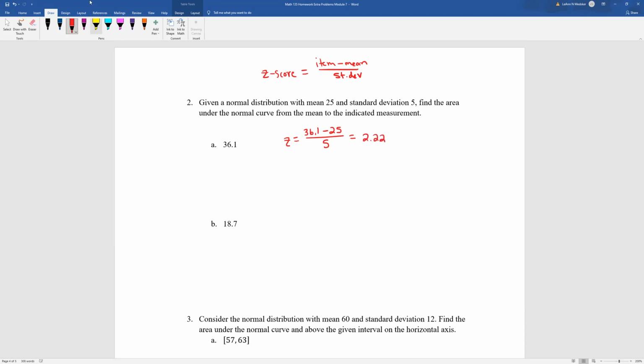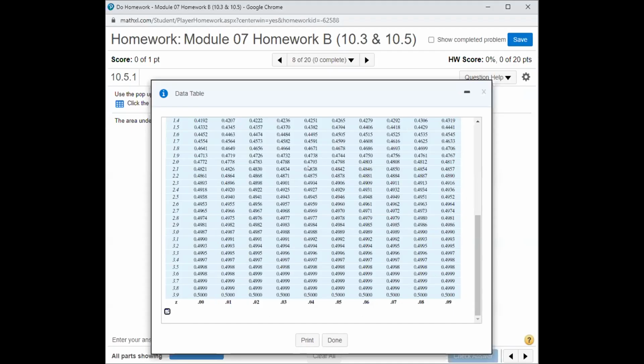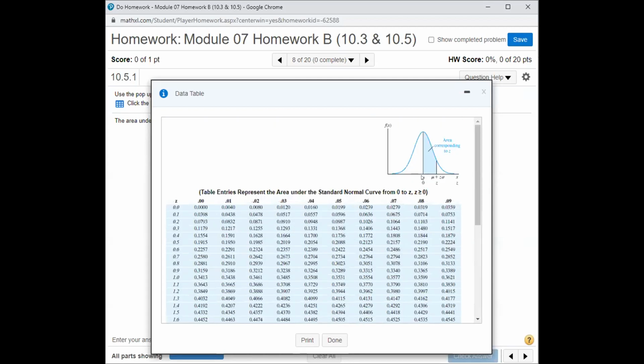Now, the chart that is given to us in my math lab, notice that it always gives us the area from 0, the mean, to the z-score. And since this is a symmetric graph, same on the left as the right, if you need a negative, you still look up the positive and it'll tell you from 0 to that negative as well. So those are symmetrical.